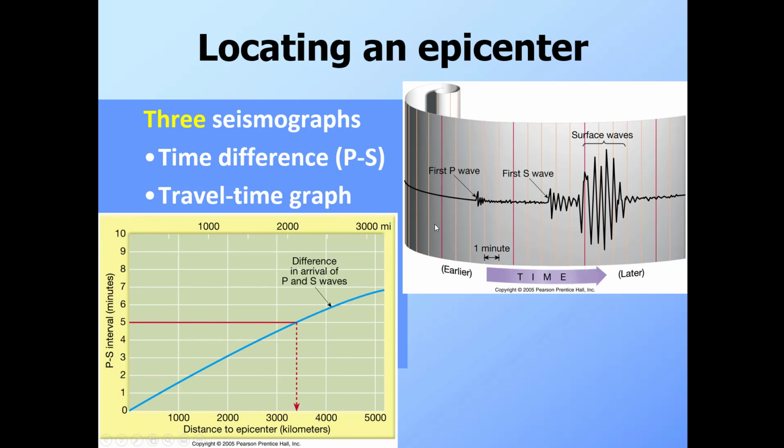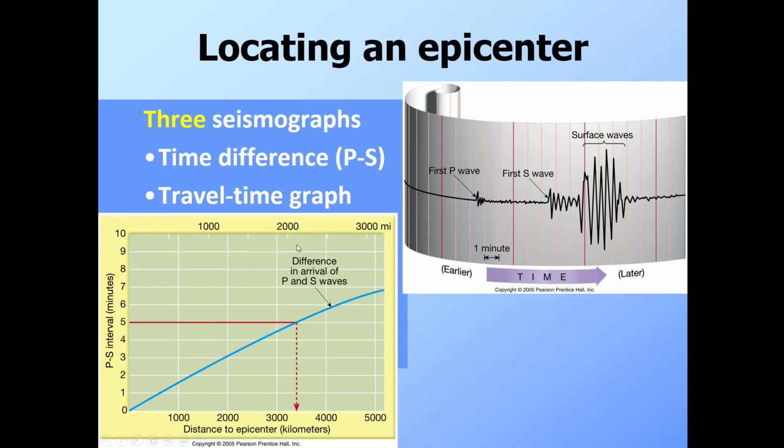So we determined up here that it was 5 minutes between the arrival time for the first P wave and the first S wave. So we take that over to the y-axis here, which is the time interval in minutes between the P and S wave arrival times. And we go up to 5 minutes. And then once we hit 5 minutes, we read over until we intersect with the blue line. And then at this point, we can either read up.